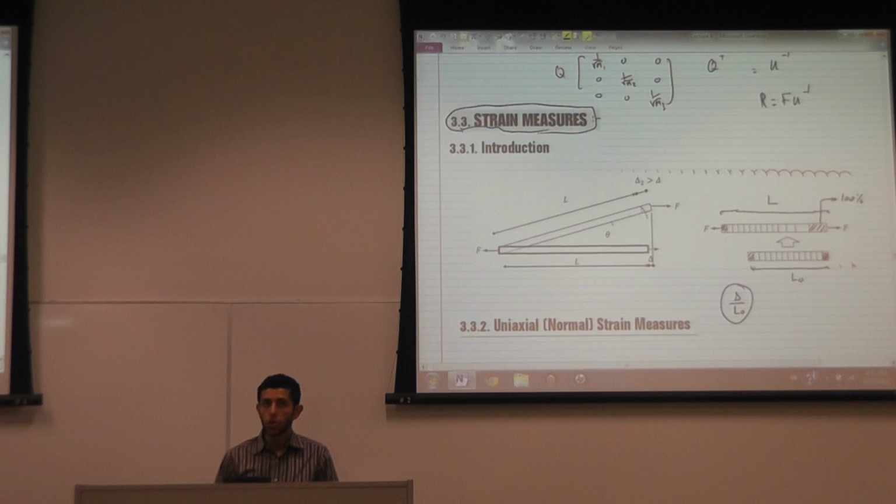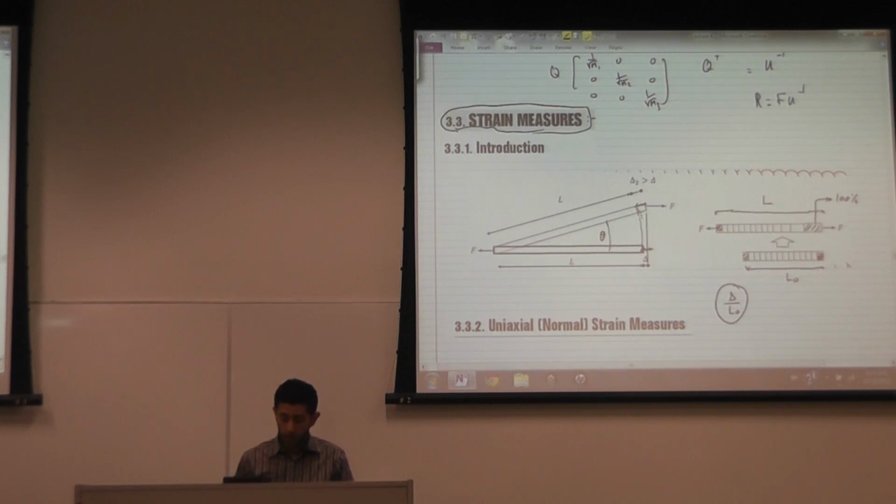Also, the strain should consider rotations. So if this bar is rotating in space, I need to be very careful what delta I'm measuring. Am I measuring this delta? Am I measuring this delta?